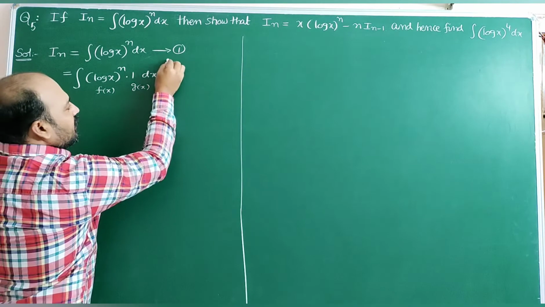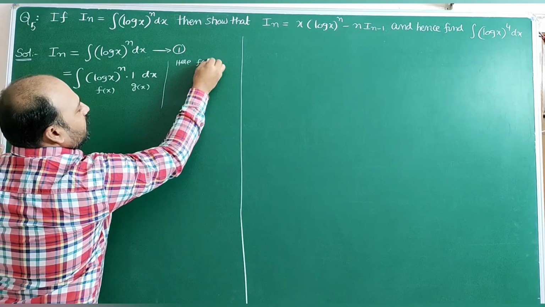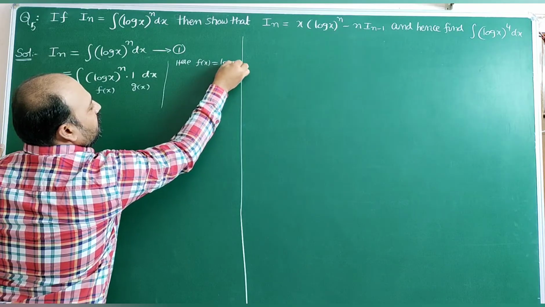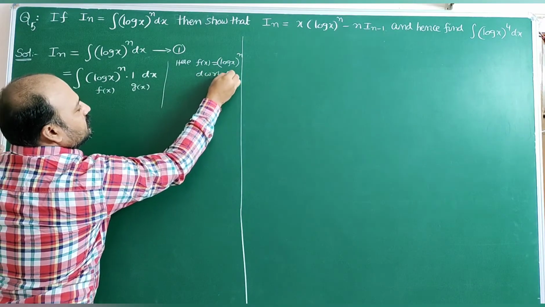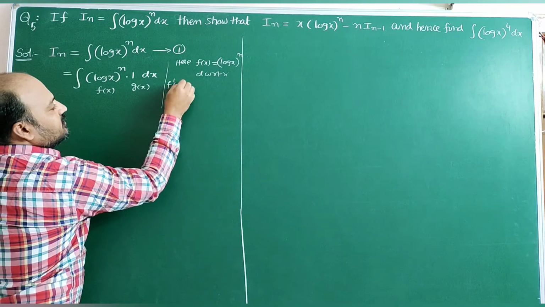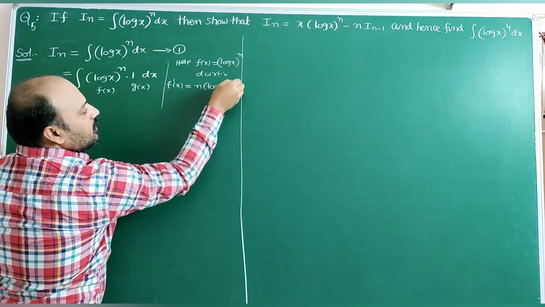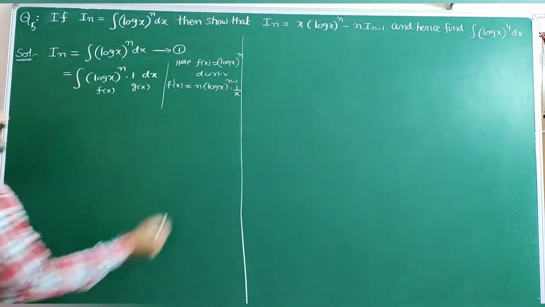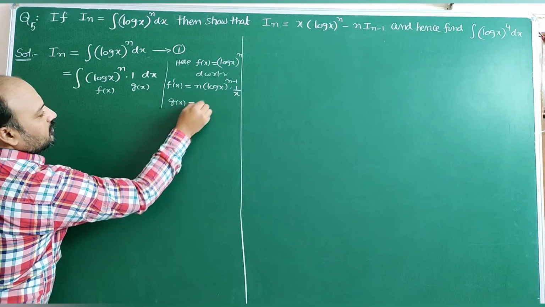So here f of x is equal to (log x) power n. Differentiate with respect to x, f dash of x is equal to n into (log x) whole power n minus 1, again log x derivative is 1 by x. So g of x is equal to 1.